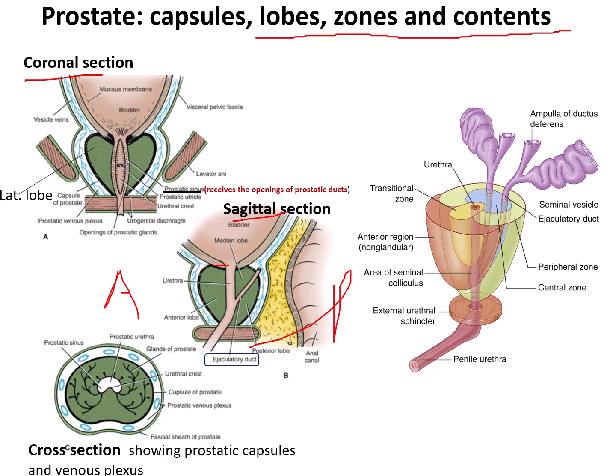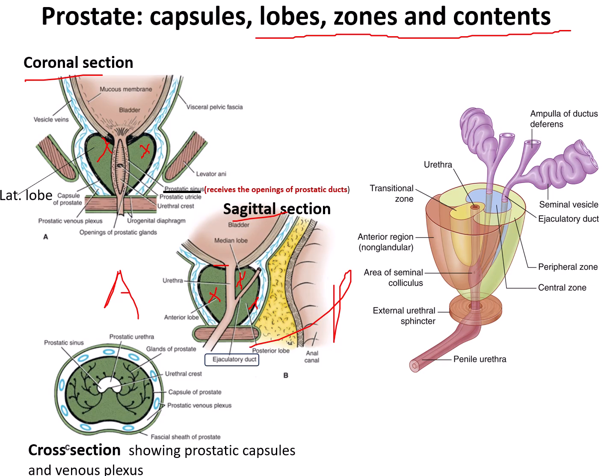The prostate here has an anterior lobe and a posterior lobe, and also has a median lobe. On coronal section, you can also find additional lobes, the right and left lateral lobes. As I mentioned, the base is above, surrounds the neck of the bladder, and the apex is down.